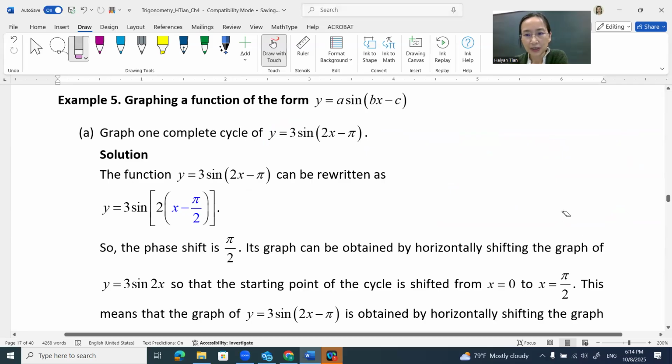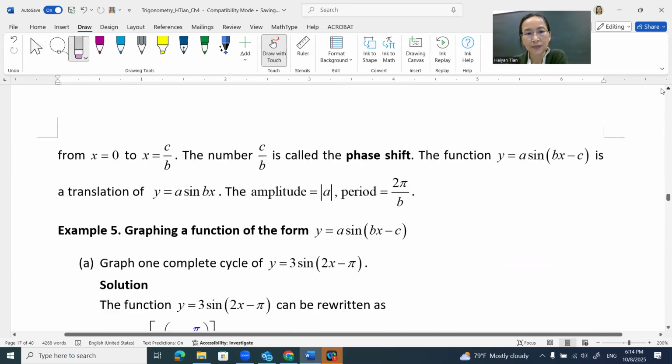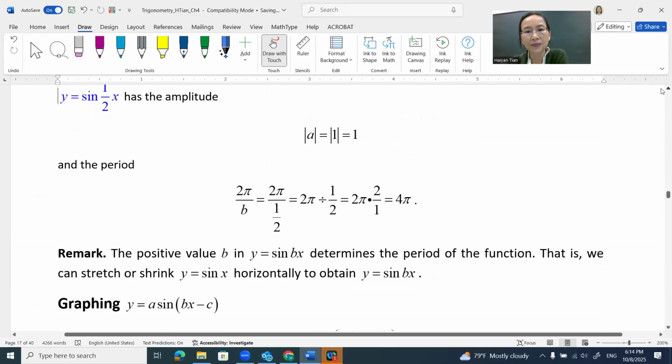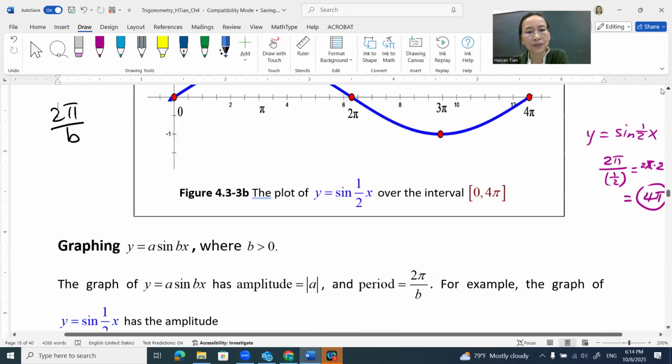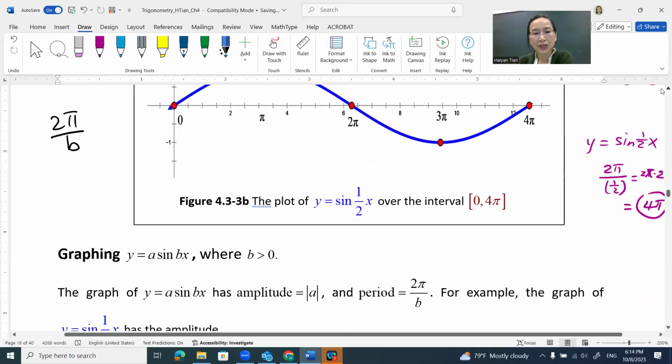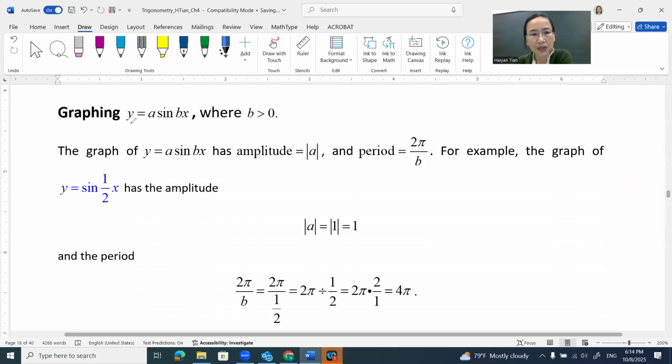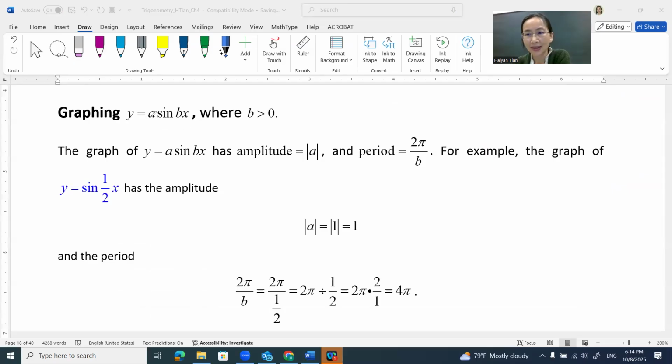I mentioned a version with both A and B. So if you run into this one, what do you do?